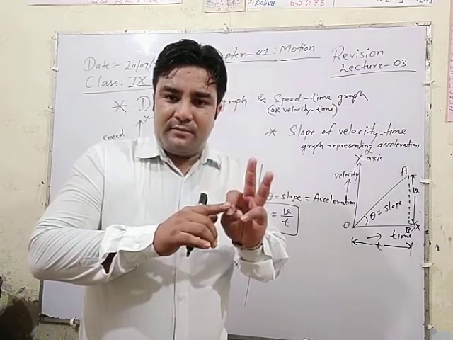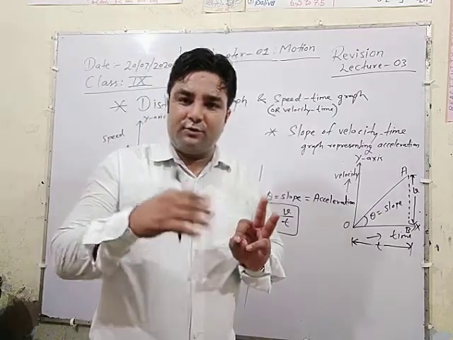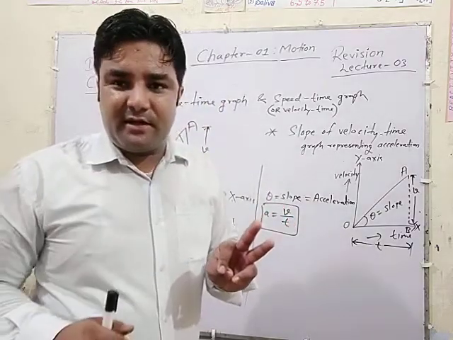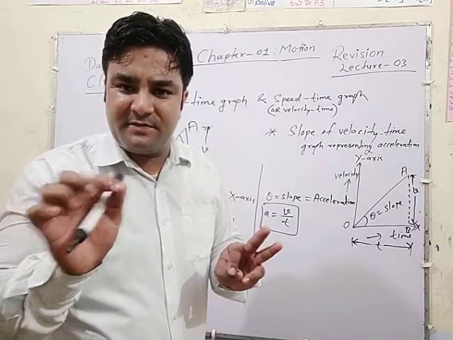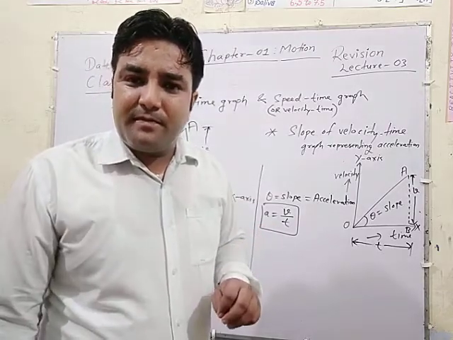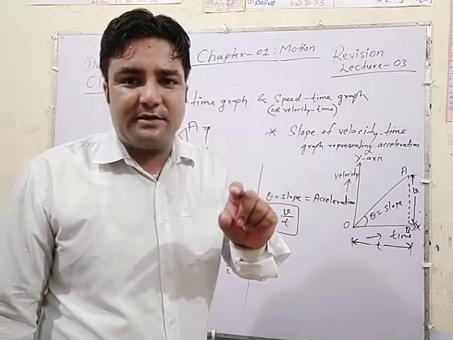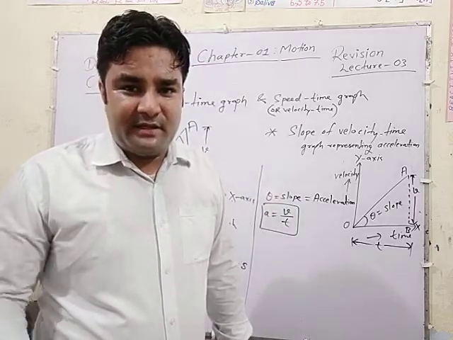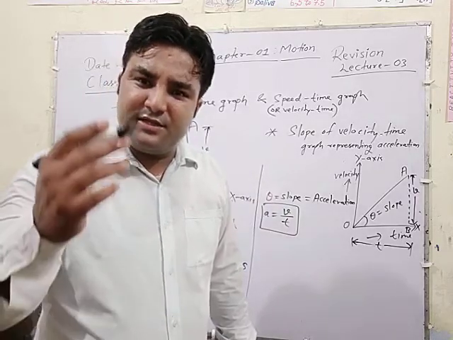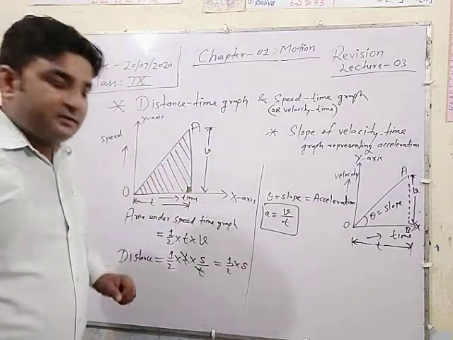The slope of a distance-time graph represents speed, or you can say the slope of a displacement-time graph represents velocity. Why does displacement-time represent velocity? Because displacement is a vector, that's why the velocity concept is obtained. Whenever you take the slope of a distance-time graph, it gives the speed concept. The area under a speed-time graph represents distance.